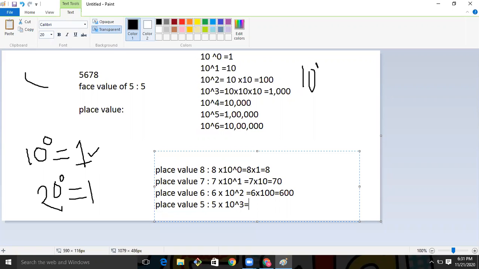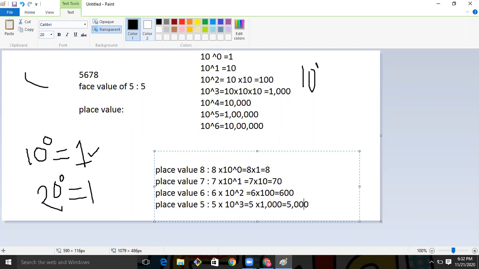So 5 into 10 power 3, in the sense, is 1000. It's very important, we have to put the comma. 1000, right? And 5 into 1000 will be 5000. We have to put the comma. Okay, so this is called 5000.